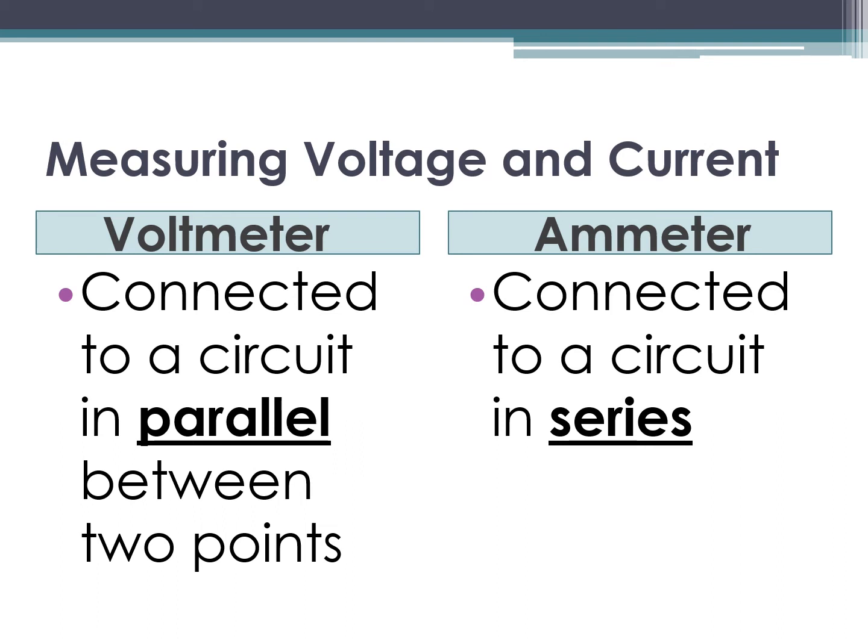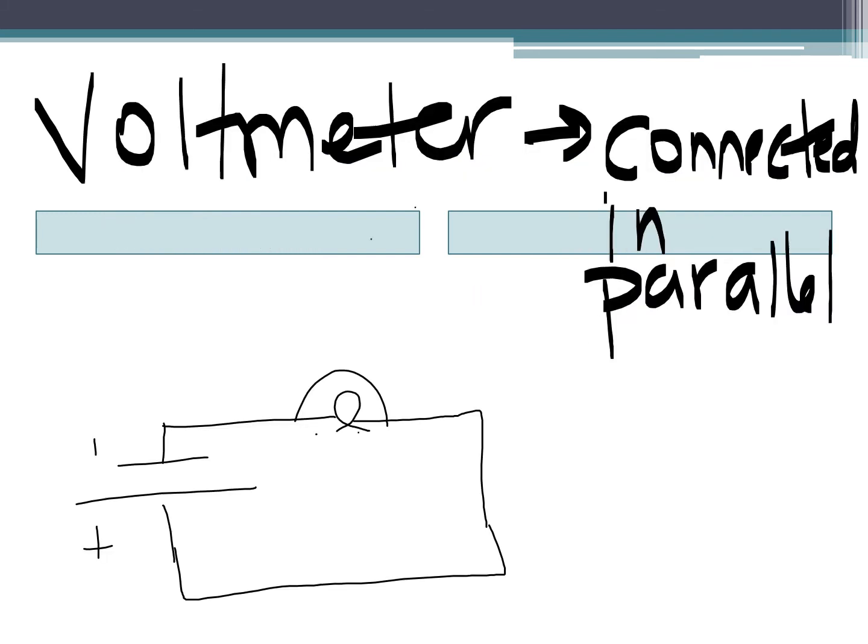So a voltmeter is connected to a circuit in parallel between 2 points. And I'm going to show you what that means. But that means that when you're drawing your circuit diagrams and the question asks you to include a voltmeter, that voltmeter actually has to be drawn on top of your load. Whereas an ammeter is connected to a circuit in series. And so let me show you what that looks like.